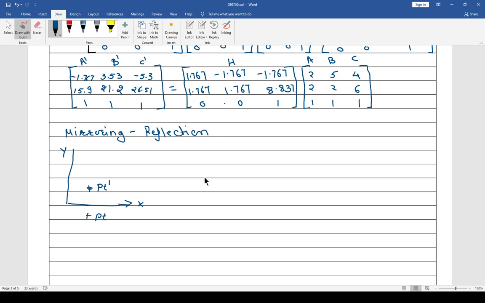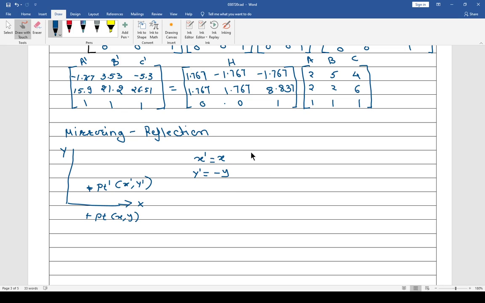The coordinate of this is x comma y, and the coordinate of this is x dash and y dash. So from this I could write x dash is equal to x and y dash is equal to minus y.